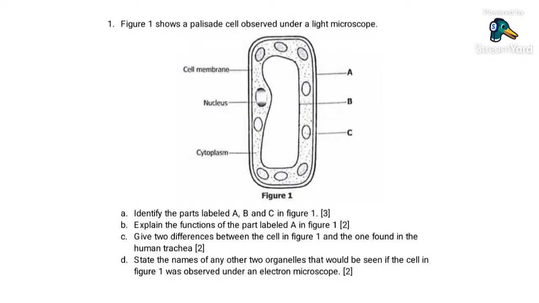Then question B, explain the functions of the part labeled A in figure 1. We identified A to be the cell wall.